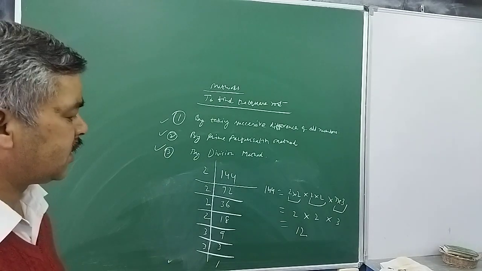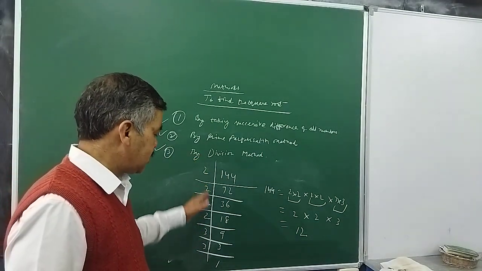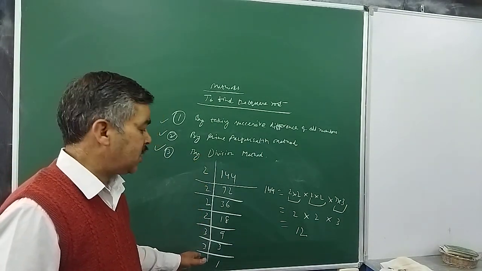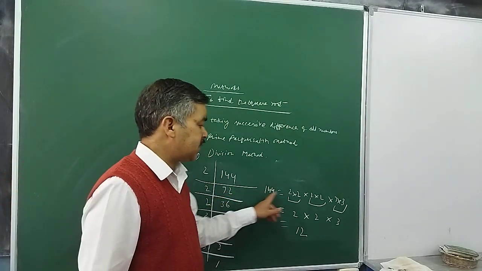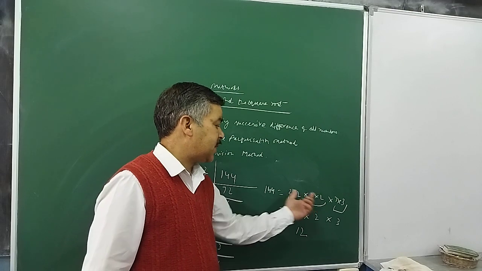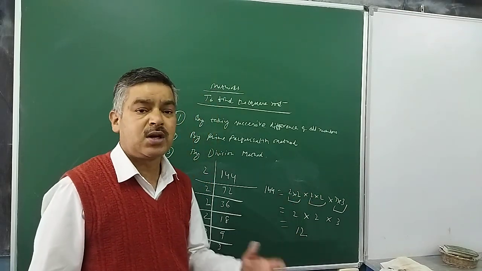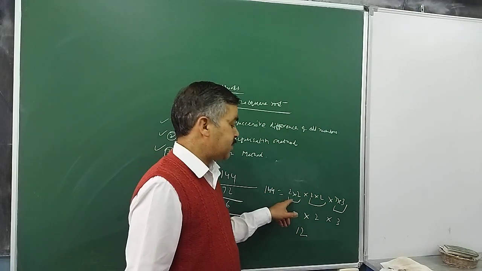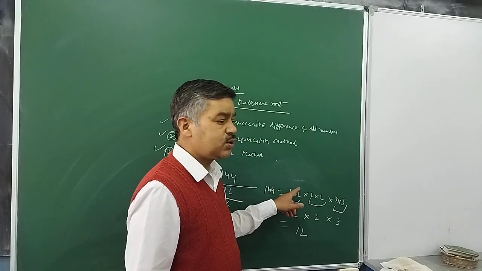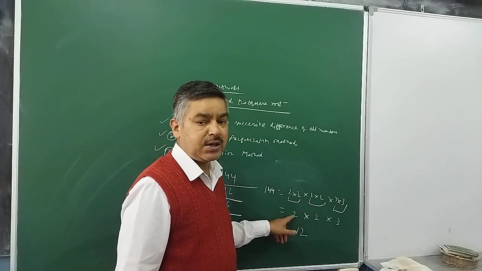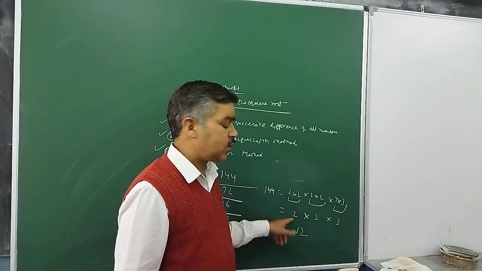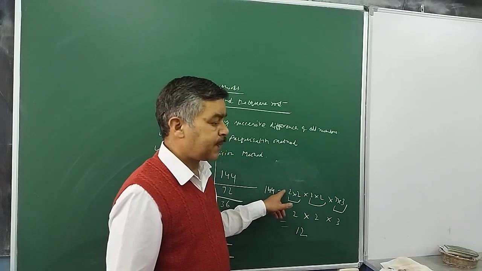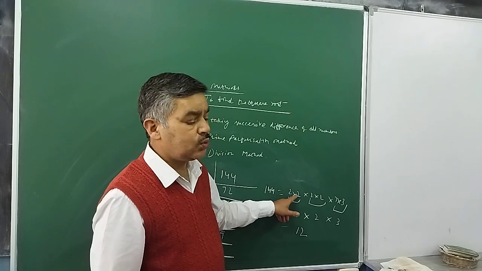If big numbers are there, you can try this prime factorization method and split it into its prime factors. But at the time of getting the square root, you need to make pairs of 2s, because square root is what? 2 times. So which is coming 2 times, you have to count 1 time. Then it becomes the square root. This is the square, this is the square root. So square of 2 into 2, 4.